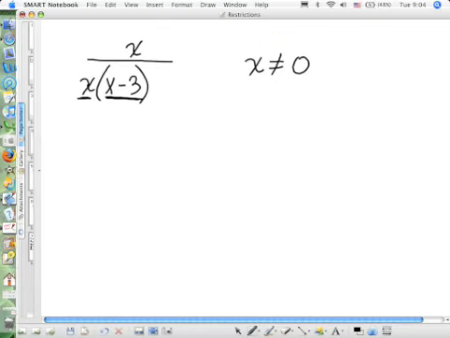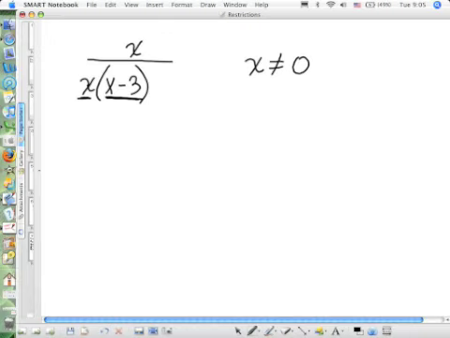Because look what happens in the denominator. If both X's are 0, it's 0 times negative 3, which is still 0. Now, no matter what this first X is, if X is a number that causes this thing in parentheses to equal 0, what's 0 times anything? 0.